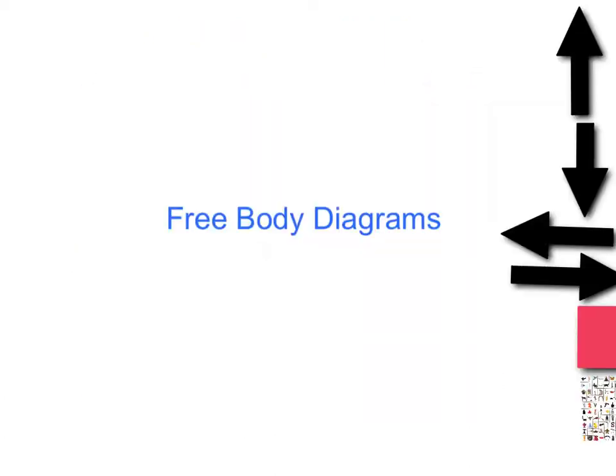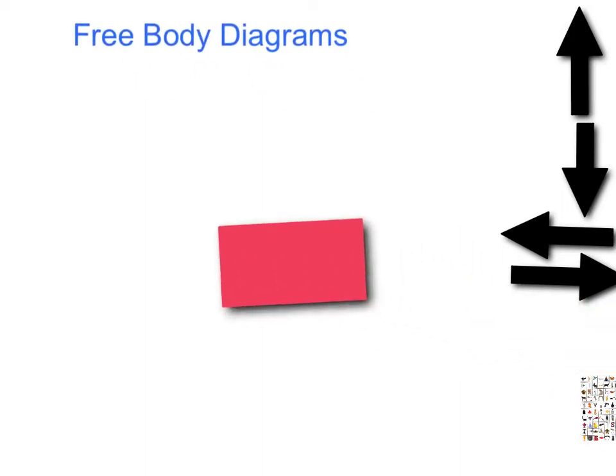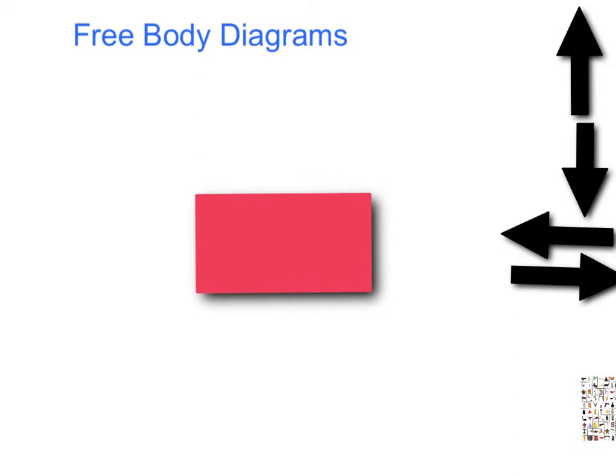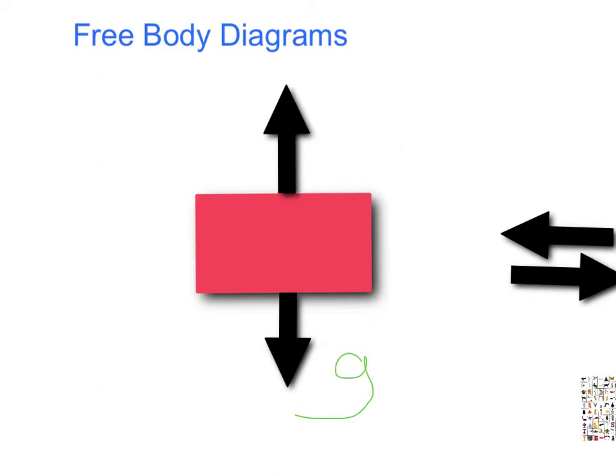We need to remember that a free body diagram is going to be represented by a box like this, and then the forces that are acting on that specific object. The first thing that we need to remember is that any object is being pulled down from gravity. The next force is going to be the force of surface or the normal force.